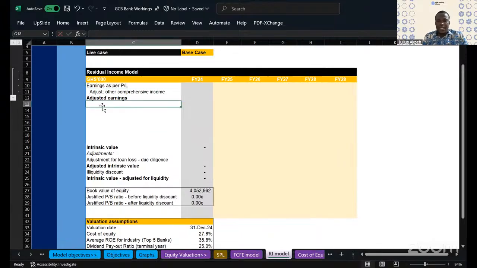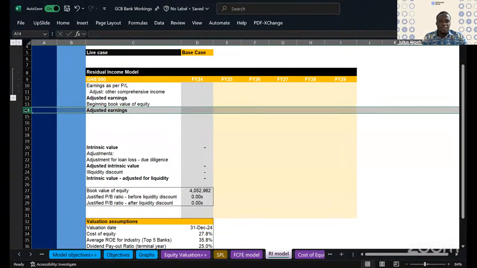Once we have adjusted earnings, we will proceed to have beginning book value of equity, beginning book value of equity, and we will have in there adjusted earnings. We have adjusted earnings added to the beginning book value of equity.